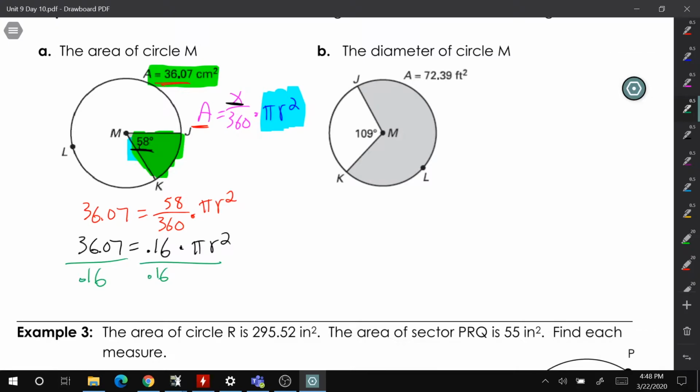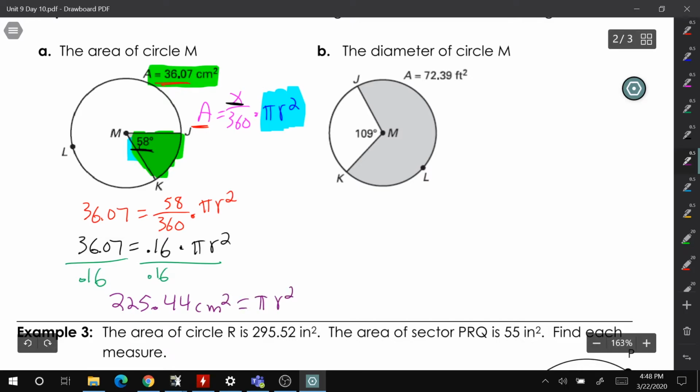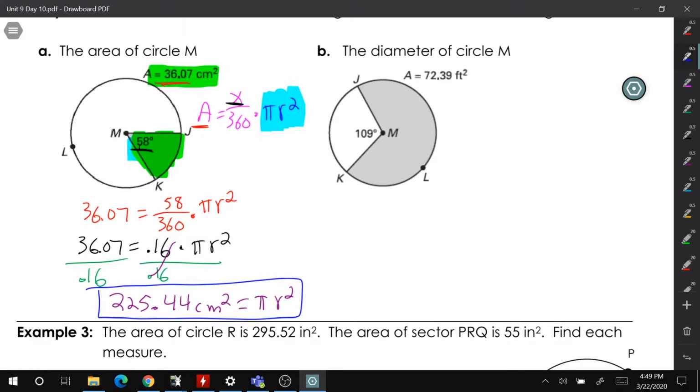So 36.07 divided by 0.16, that gives me 225.44. So 225.44 centimeters squared. That is equal to pi r squared. And that's our area. That's what we're trying to find. So again, we didn't need to figure out what the radius was. We were just able to get the pi r squared part all by itself.